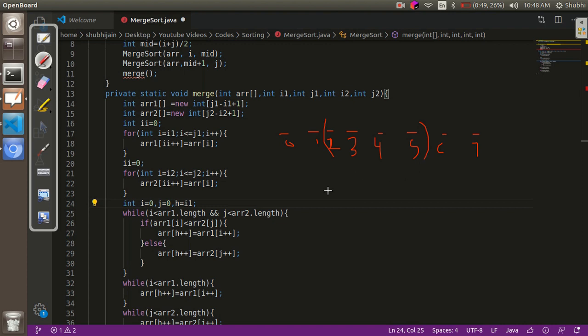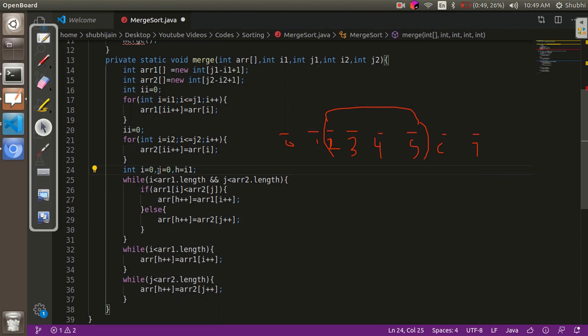So if I write 0, this area will be affected, but we have to have the sorted answer within this area only. So this is the reason why over here the helping index will have i1 as the starting index.